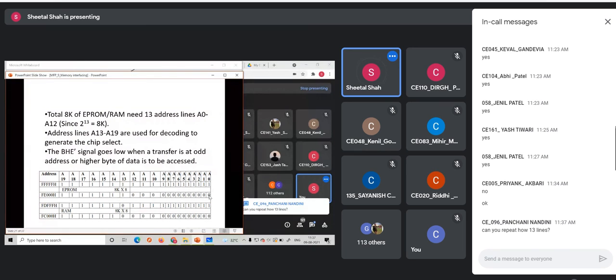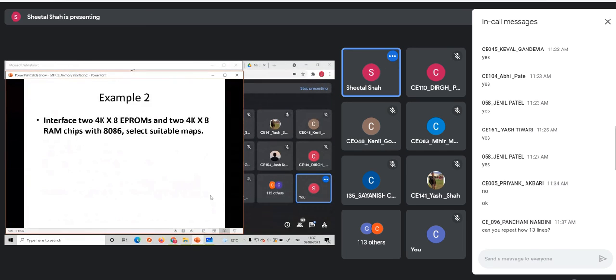How 13 lines? Okay. What we are having is given as 4K by 8. Two of 4K by 8 means it would be 8K by 8. If it is 8K by 8, 13 address lines would be required.